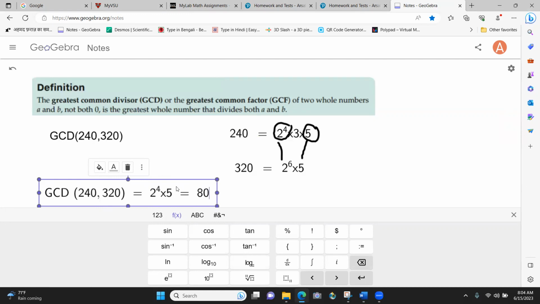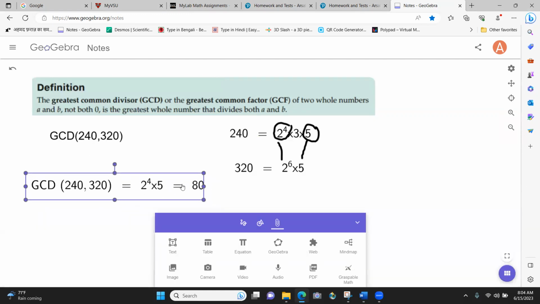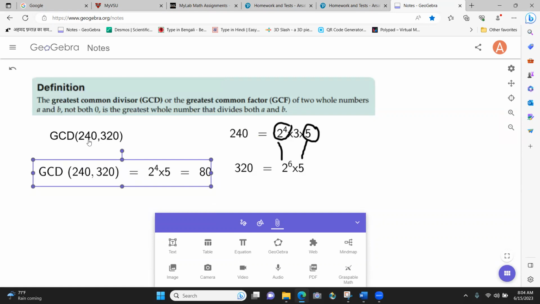I'm pretty sure it's 80, but of course you can double check. Clearly, 80 divides 240, and 80 divides 320. And trust me, this is the largest number you could find that will divide both. So that's that.